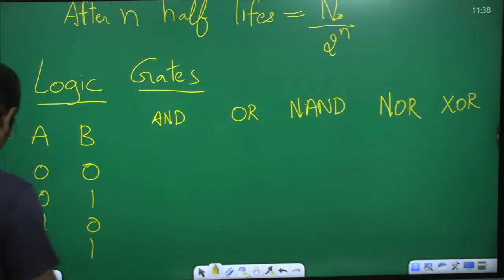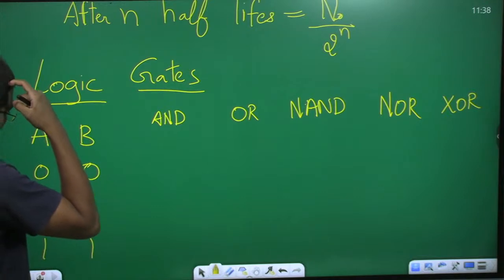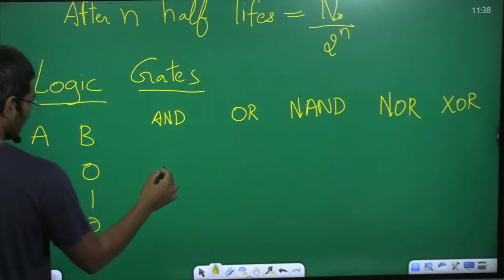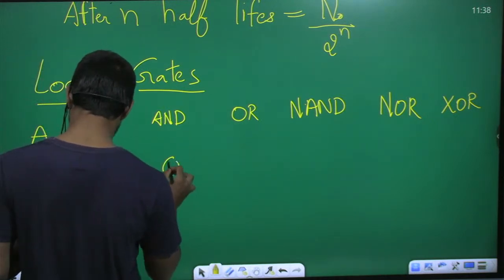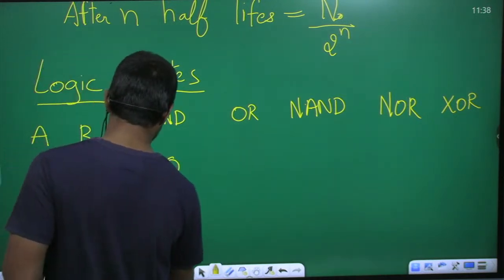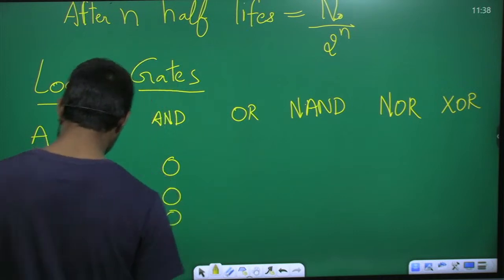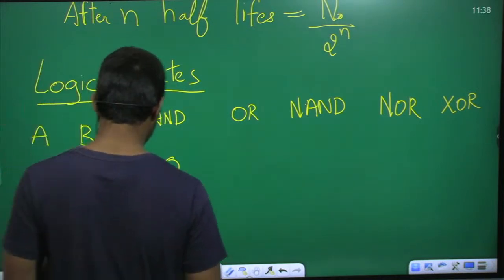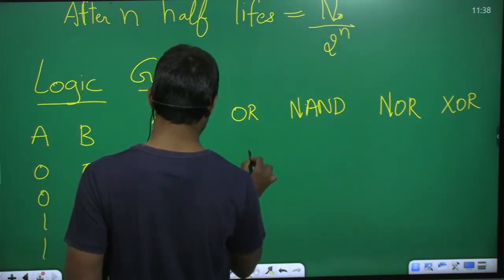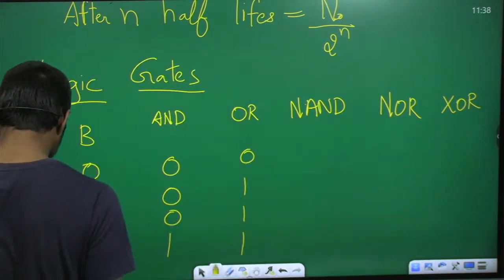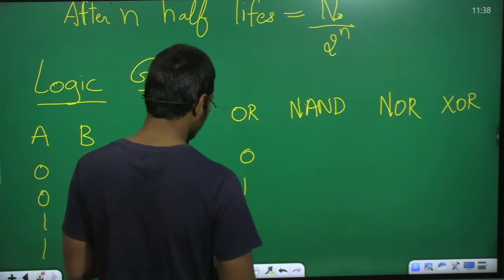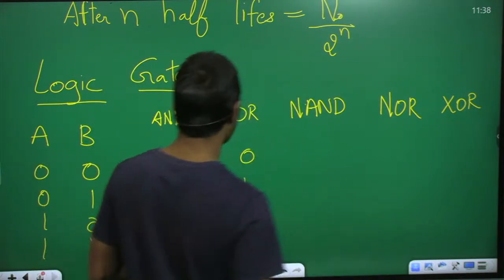Okay, what is this? AND, AB, and 1, right? Okay. So that is opposite of AND.